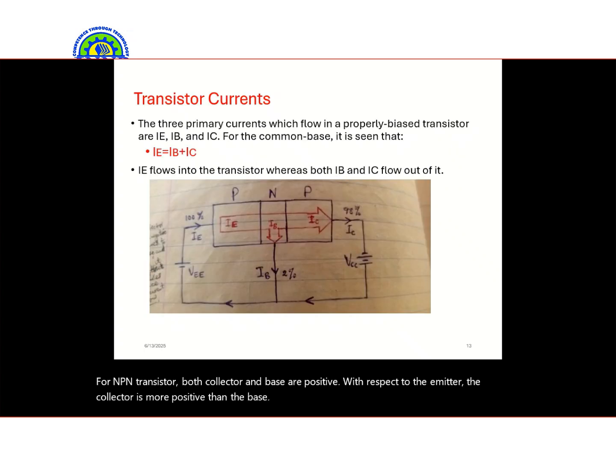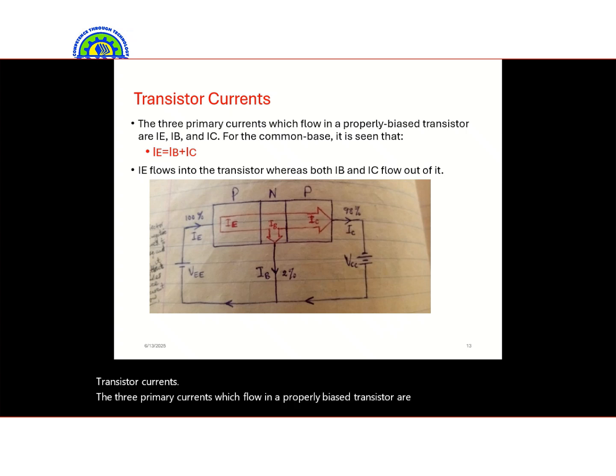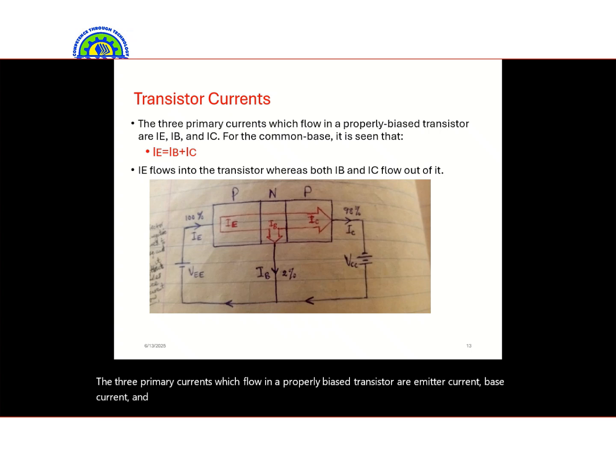Transistor currents. The three primary currents which flow in a properly biased transistor are emitter current, base current, and collector current. For the common base, it is seen that IE is equal to IB plus IC.